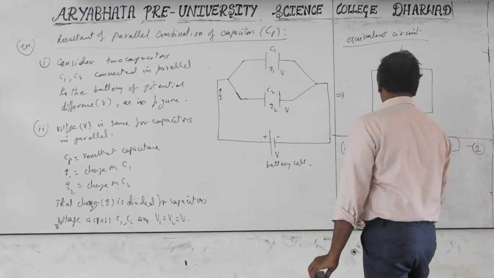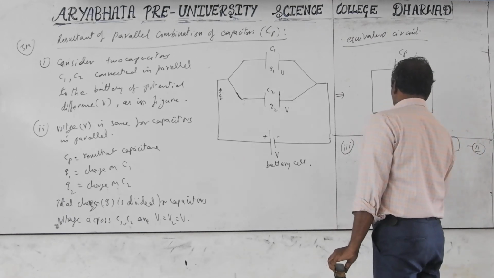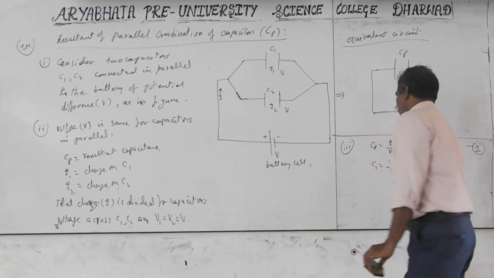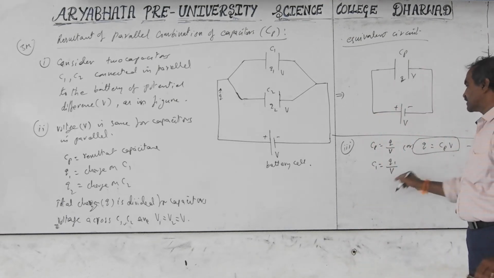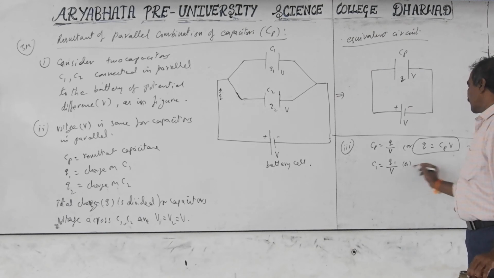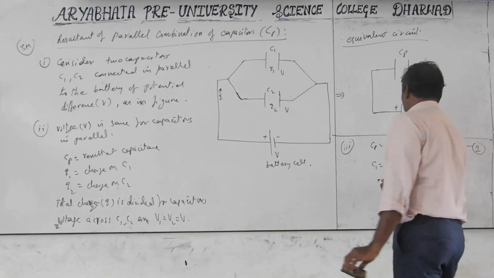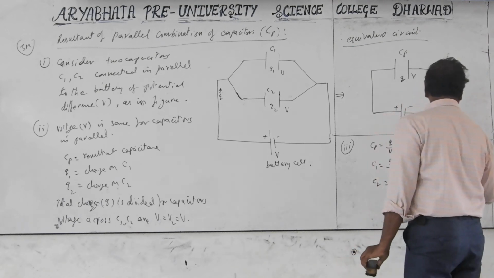Similarly, if you take C1, C1 is equal to Q1 by V1, but V1 is the same as V here. Or we can take Q1 as equal to C1 times V. This is equation number 2.